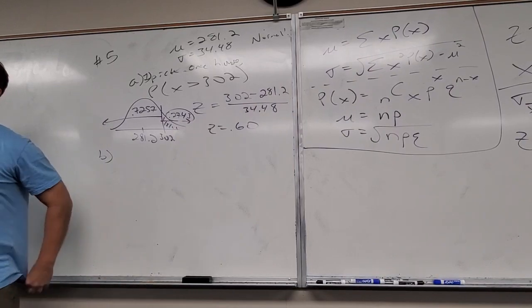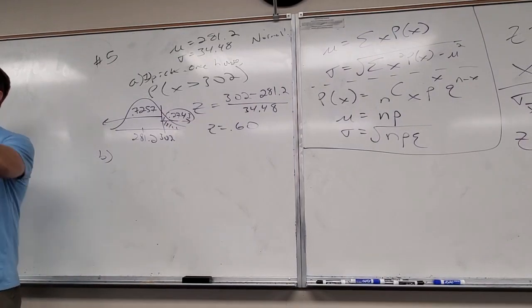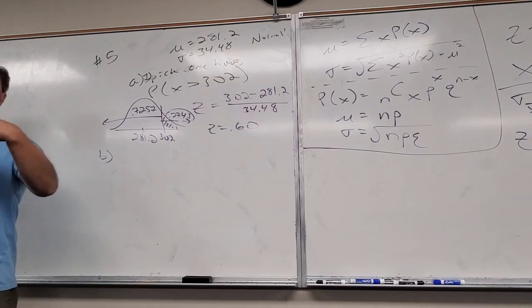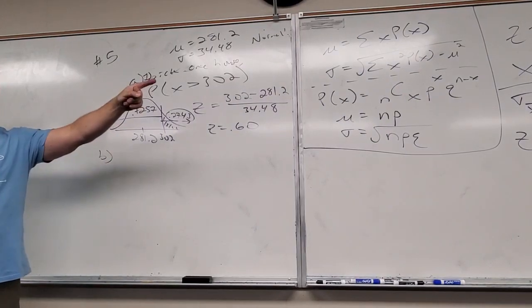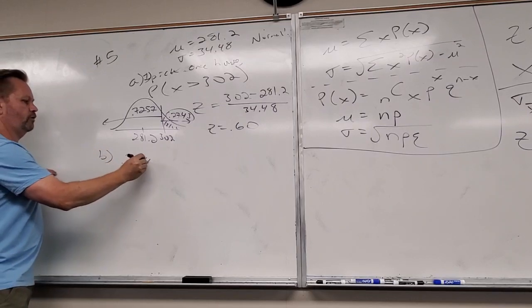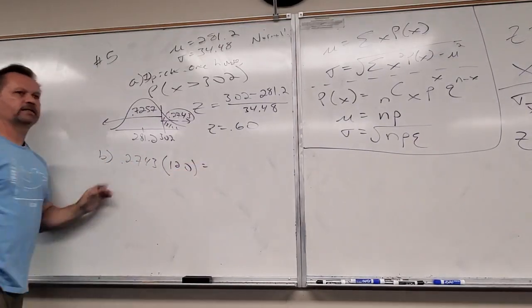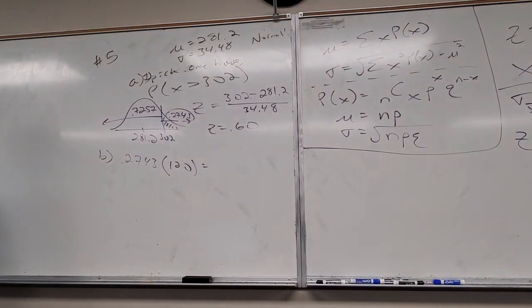What does of mean? Times. People used to come out of high school knowing of meant times. Not so much anymore. Of means times. So for part B, I would just do 0.2743 of 120. That's how many I would expect to generate more than 302 pounds.